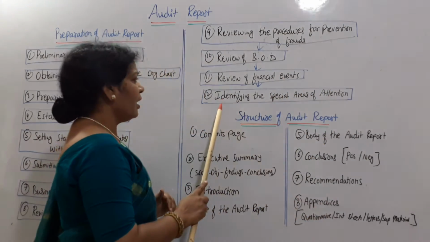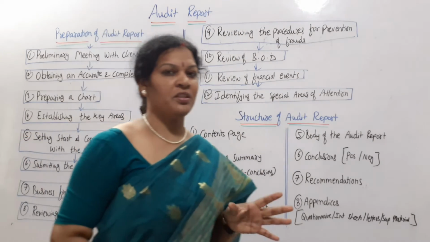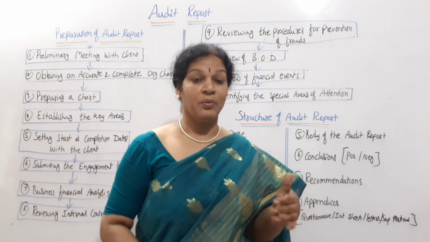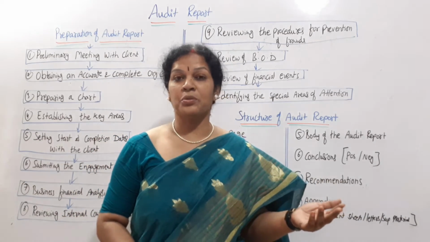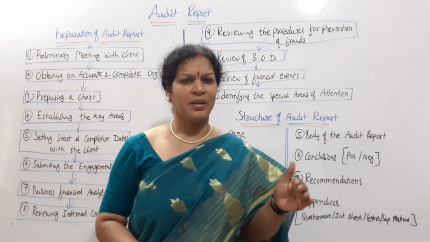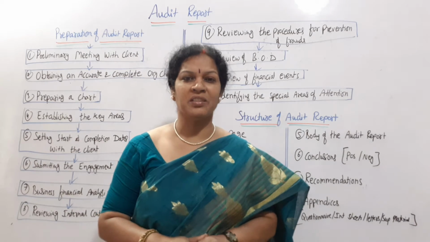Then lastly, identifying the special areas of attention. Is there any special area which requires focus, where the company has to focus more, where the company needs some kind of advice, where it is not working well and some improvements are required?